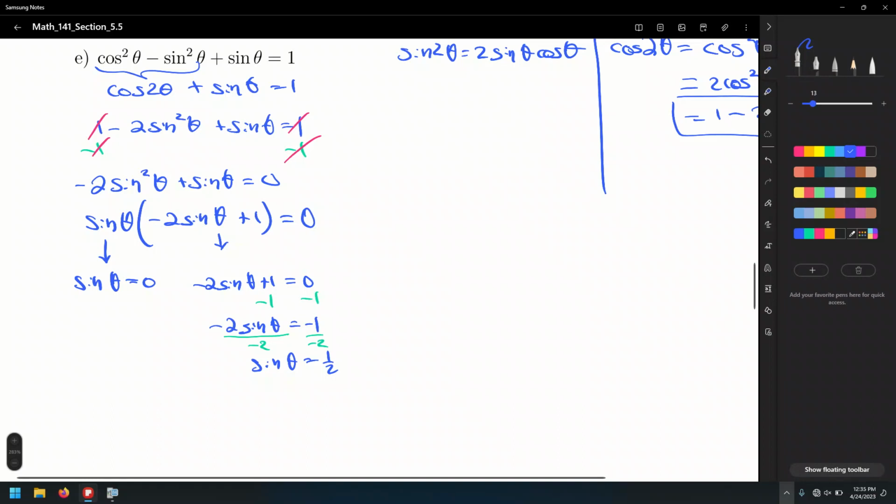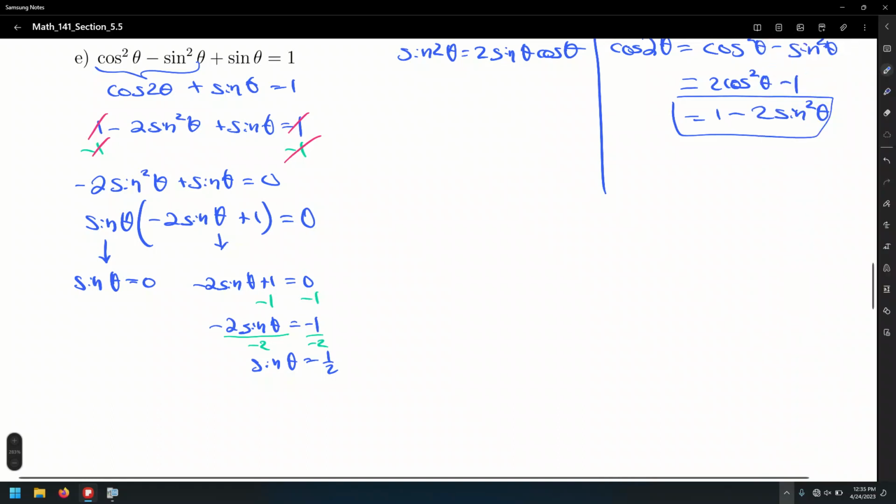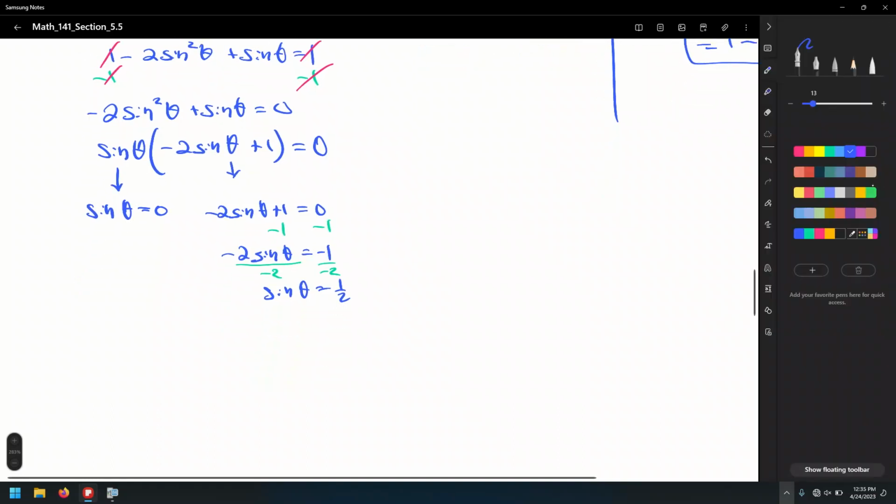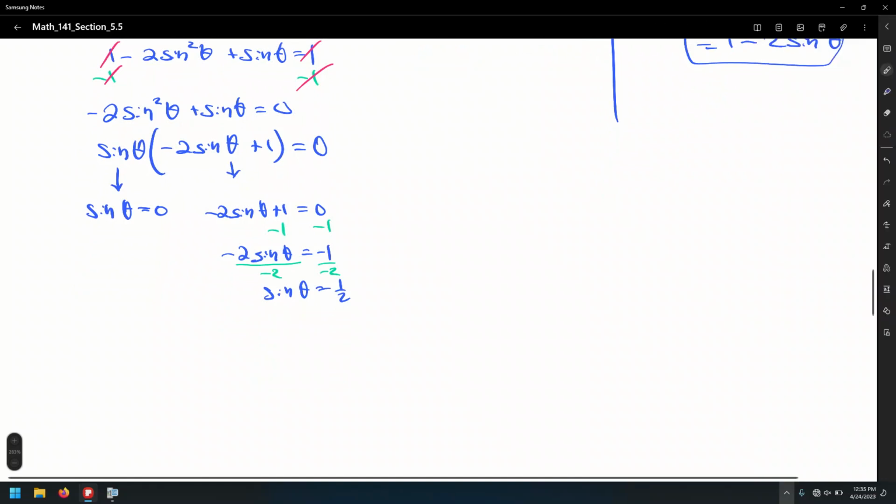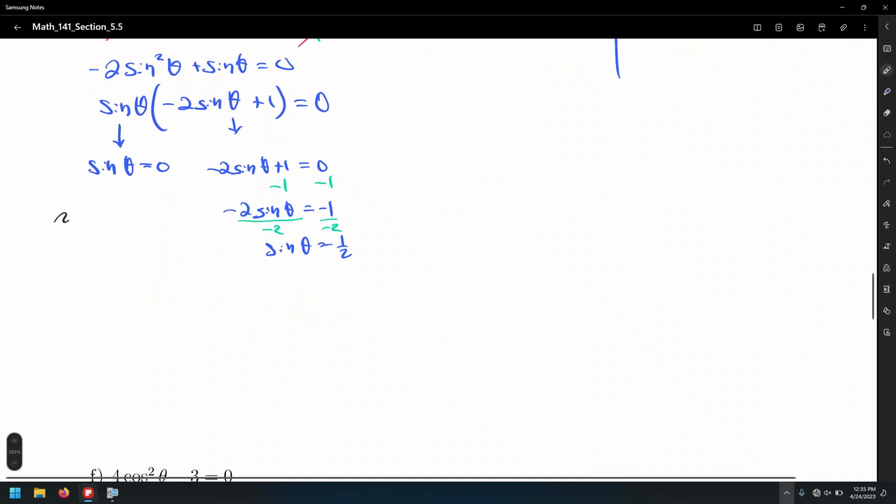Sounds good? So let's, number one, draw the Cartesian plane for the angle of theta equals 0 degrees, or rather, no. What angles have a sine equal to 0?